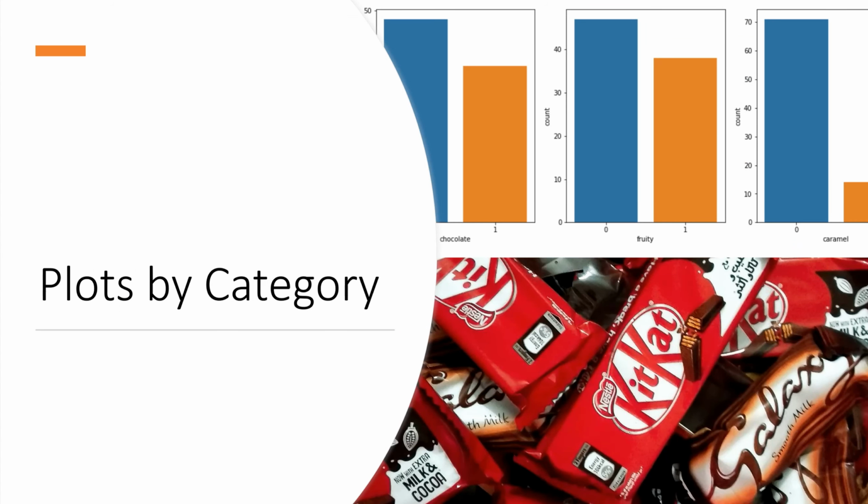Here are a couple of the plots that were created in the previous slide. Let's look at this one, and it says fruity right here. The blue represents the candy that did not have fruit, so that's a 0, and the orange here is a 1. So we see that for the fruity category, somewhat above 45 is the number that do not have fruit, whereas something above 35 but below 40 is the number of pieces of candy that do have fruit.